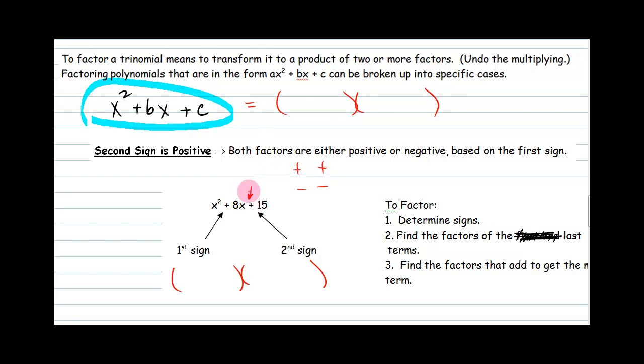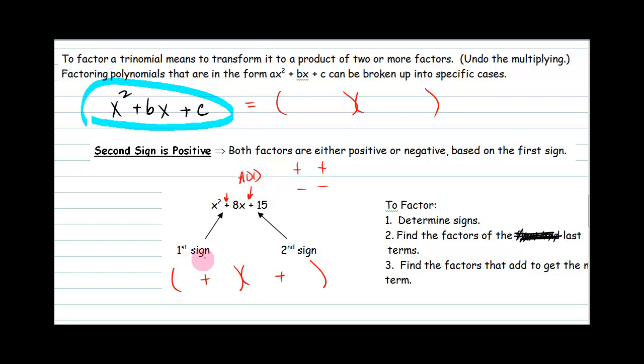So the second sign tells me that I'm multiplying, and both of my factors are either going to be positive or negative. The first sign tells me that they are both going to be positive. The second sign also tells me I'm going to add.